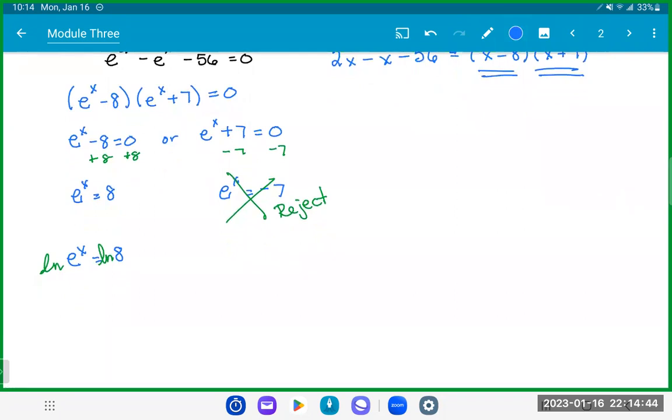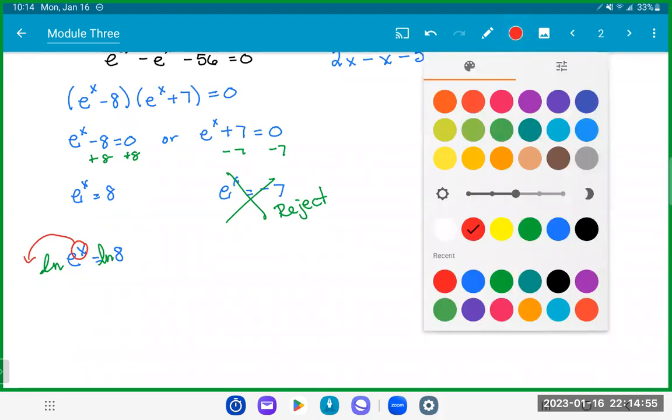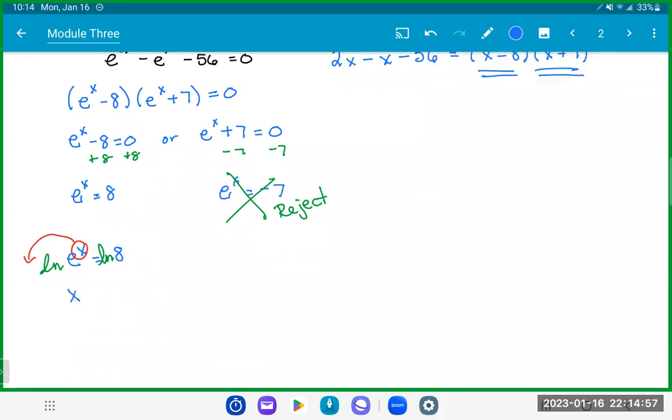So what we have, we can then use our exponent rule with the ln's. And that means that we can bring this exponent down into the front. And so that gives me x ln of e is equal to ln of 8.